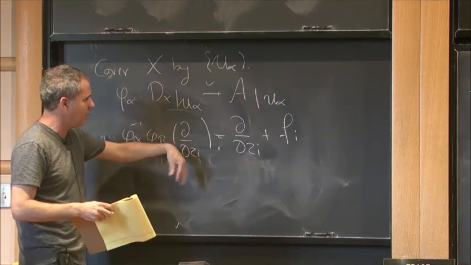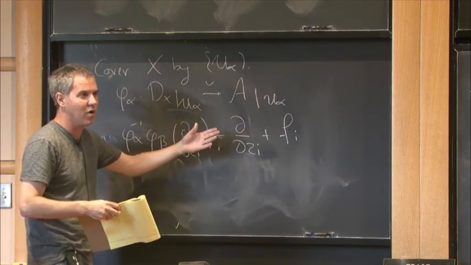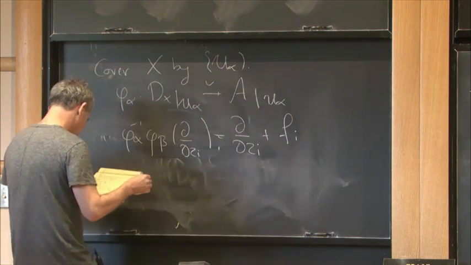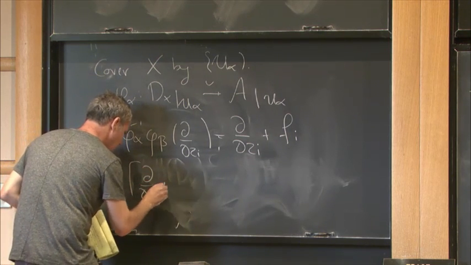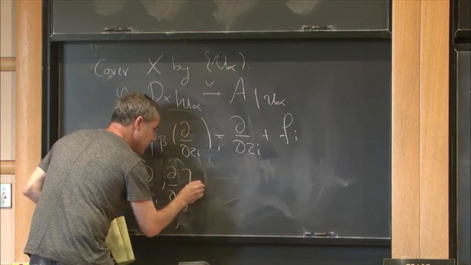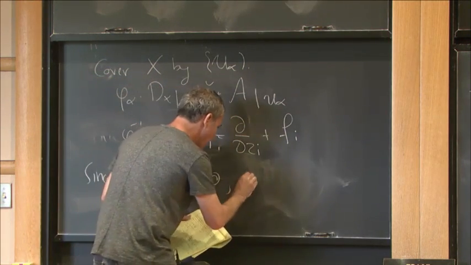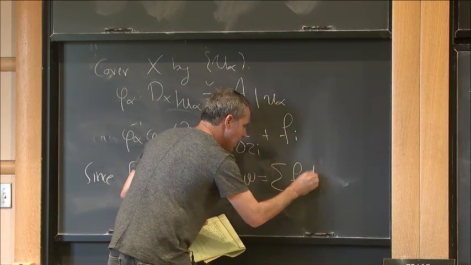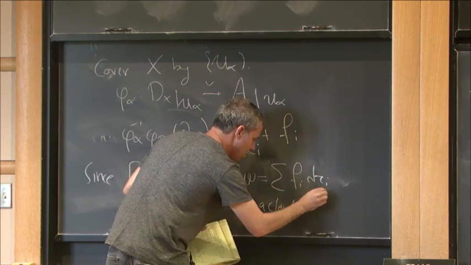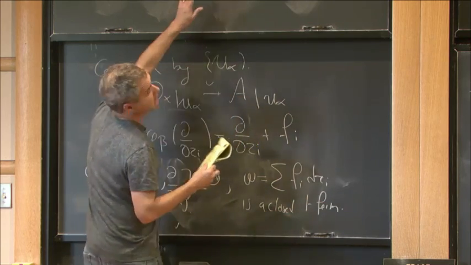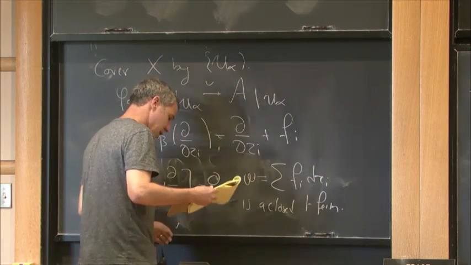But then these have to commute, because partial with respect to z_i and partial with respect to z_j commute. So you get a closed one form. Long story short, omega equals the sum of f_i dz_i is a closed one form. It's a Poincaré lemma kind of thing.